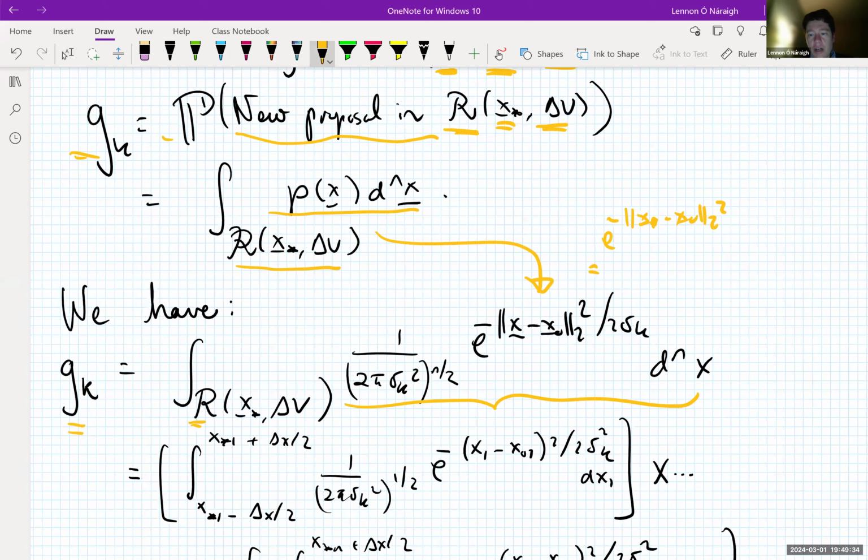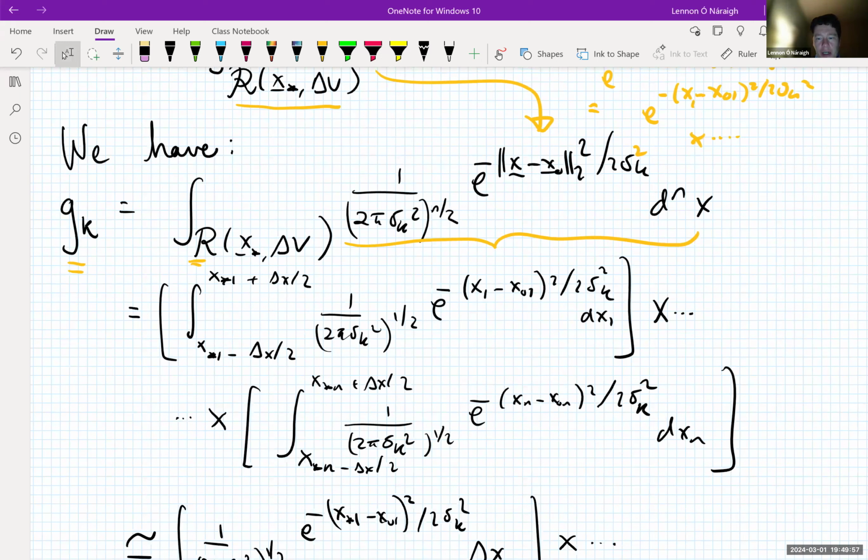So this is n copies of a Gaussian, so e to the minus x minus x0, 1, times the same thing n times. So this integral actually breaks down into a product of n separate integrals.